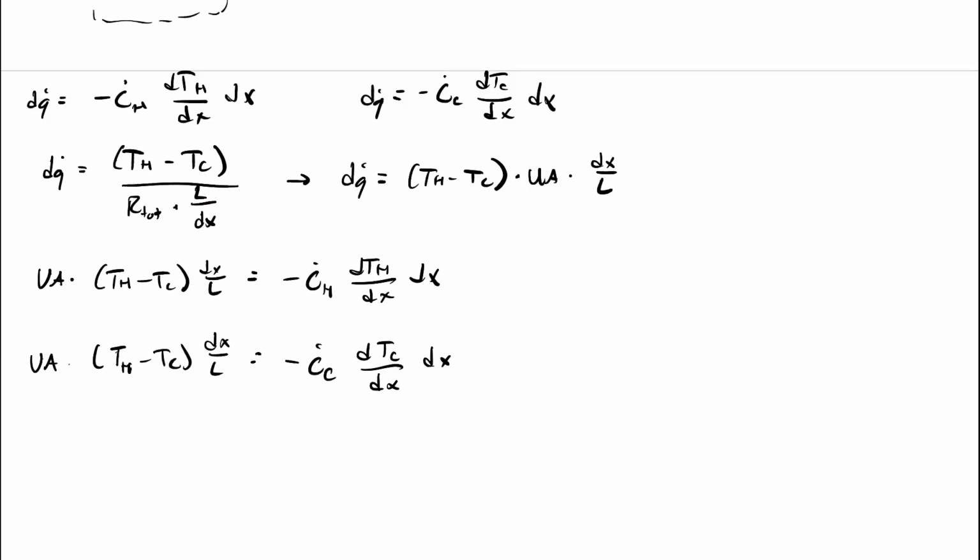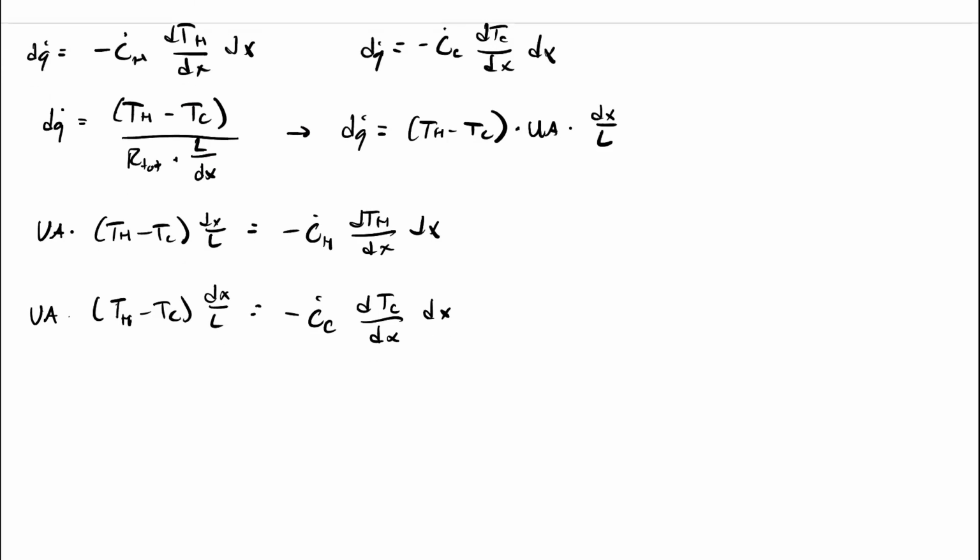And then we could actually solve these for our derivative terms, just to have that handy. So that becomes dTH dx is equal to minus UA over L times C dot H times TH minus TC.